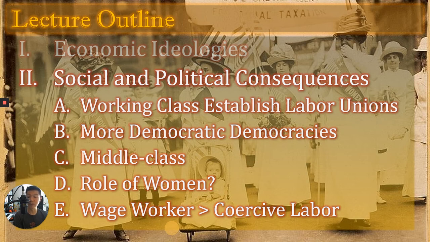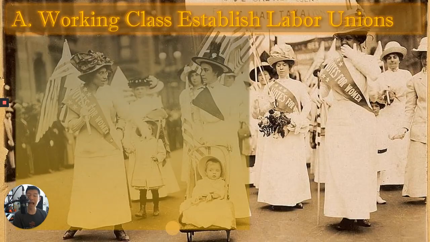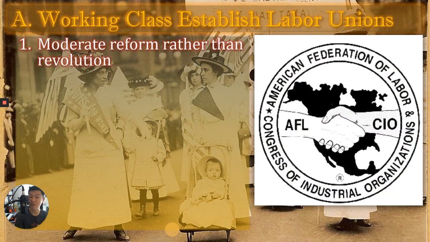Okay? And so instead of a communist revolution in many of these places, you have the working class actively pushing to create unions. Actively trying to create a way to establish some kind of pull with the government, because now they do have a say in these democracies.